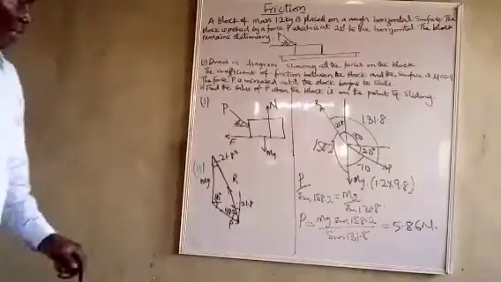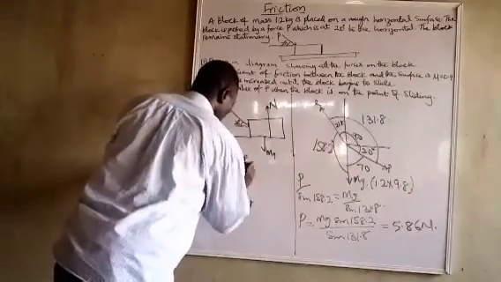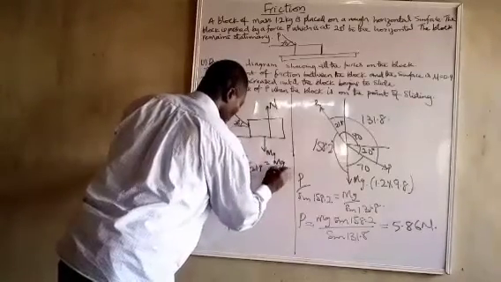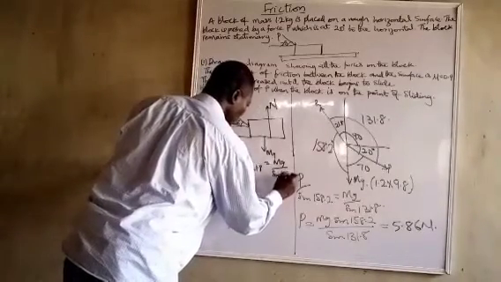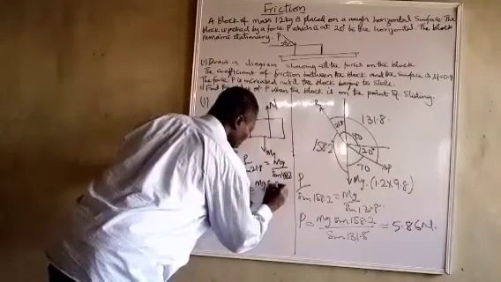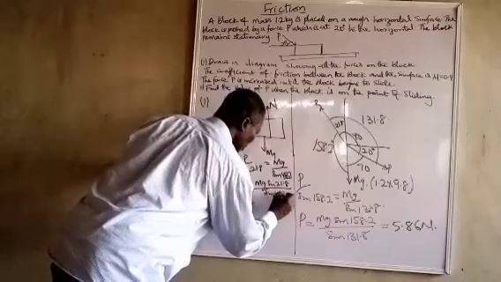Now, what I need to find is P. So I can now say P over sine 21.8 is equal to mg over sine 48.2. Therefore, P will be equal to mg sine 21.8 over sine 48.2.